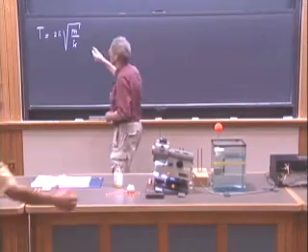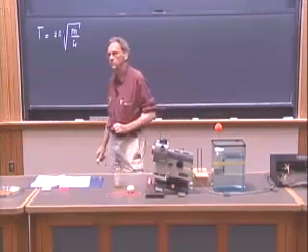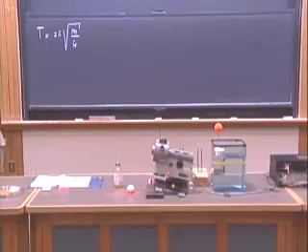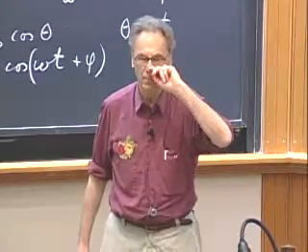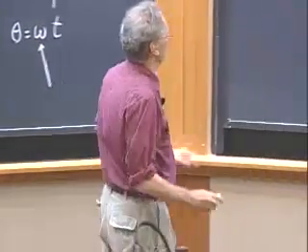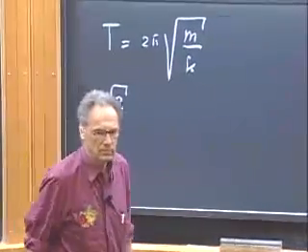I'm going to double the mass that I'm going to hang on that spring. We're going to measure the period. And then I want the mass, which is twice as high, I want that period to be the square root of 2 times higher, because that's what this equation predicts.